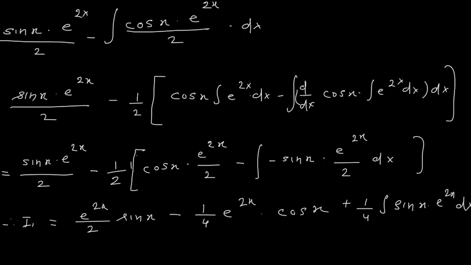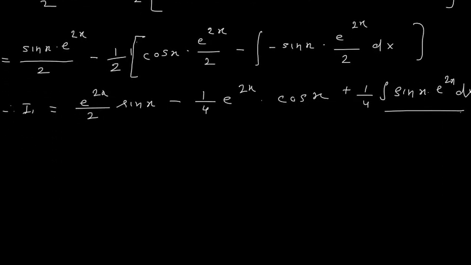Now this sin x e power 2x dx is I1. So I1 is equal to, here I will multiply by 2, so it becomes e power 2x into 2 times sin x minus cos x.